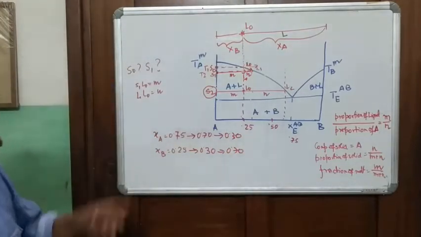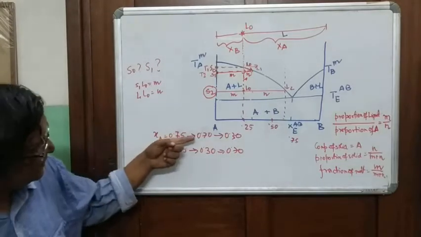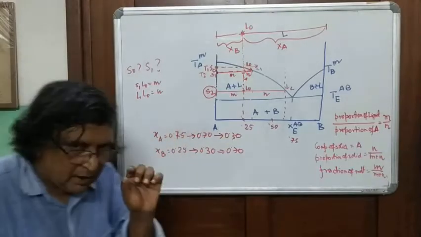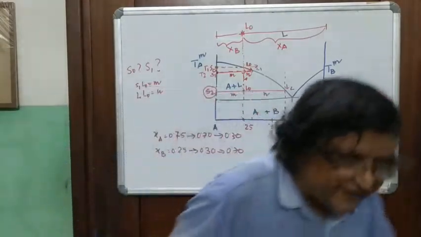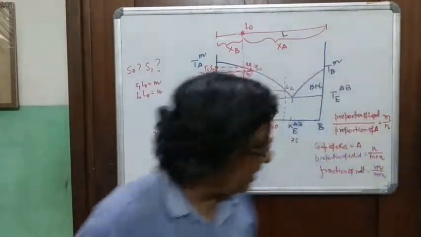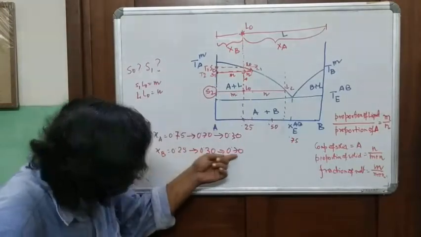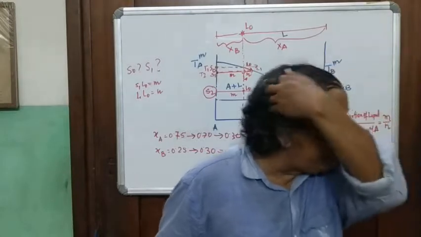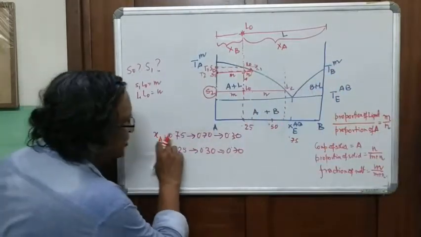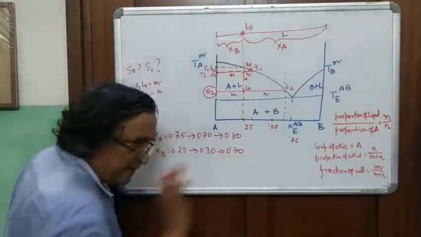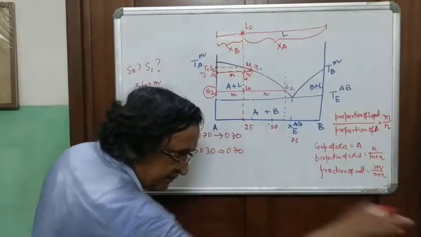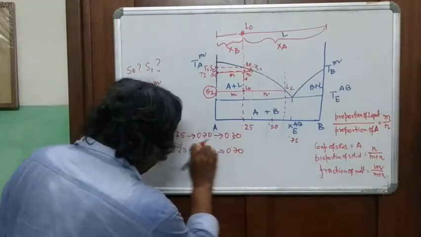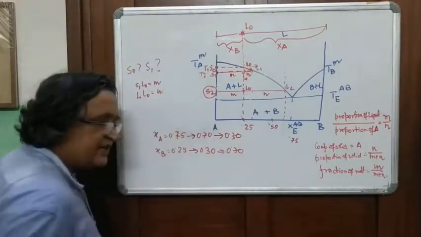So you see the composition of the melt is progressively becoming impoverished in A and becoming richer in B. The composition of the melt is becoming richer in B because A is being extracted, crystallized as solid, and A component is decreasing.